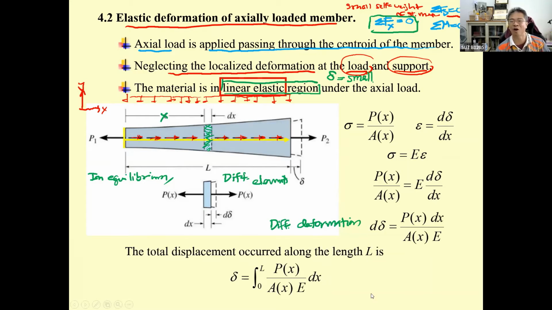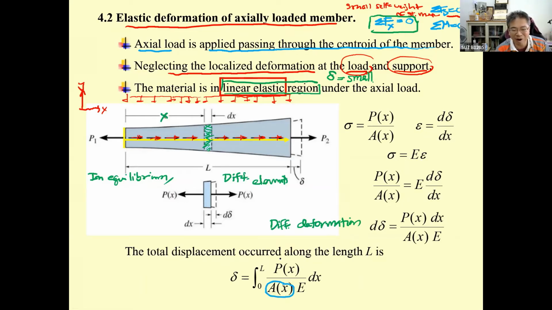So you can compute the elastic deformation of the axially loaded member theoretically, and practically, there is going to be a simpler structure in which the member has a constant section. That means when you have the structure with constant force, this term is going to be constant.